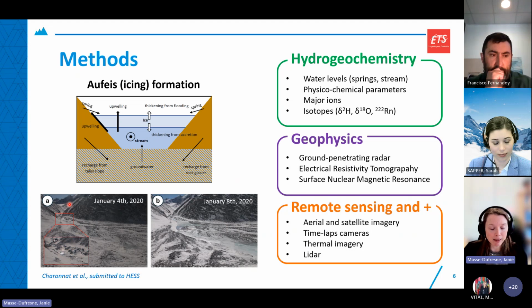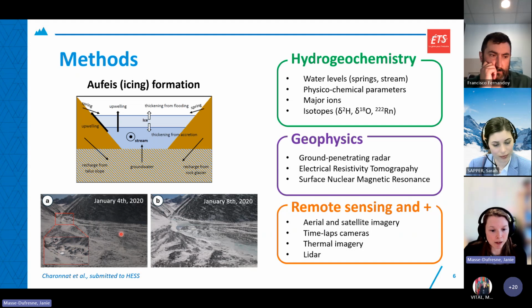And if different conditions meet at a specific time, we can see the resurgence or appearance of groundwater flowing out of outwash or floodplains or regions like this.